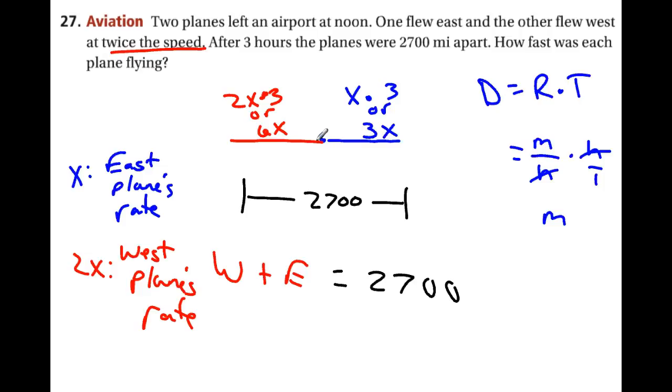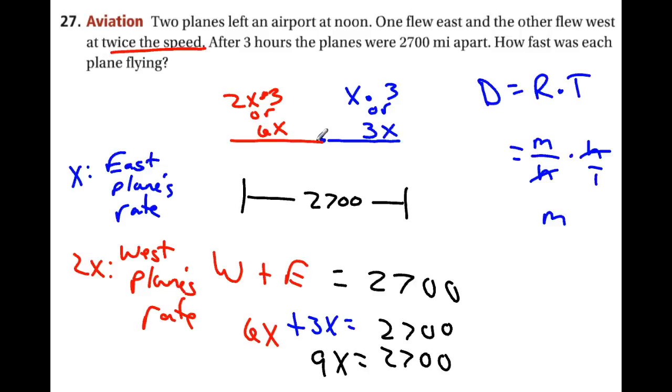Now I have their distances as algebraic expressions. West is 6x. East is 3x. What do we have together there? They total up to 2,700. You get 9x is 2,700. Divide over the 9. That gets you x is 300.